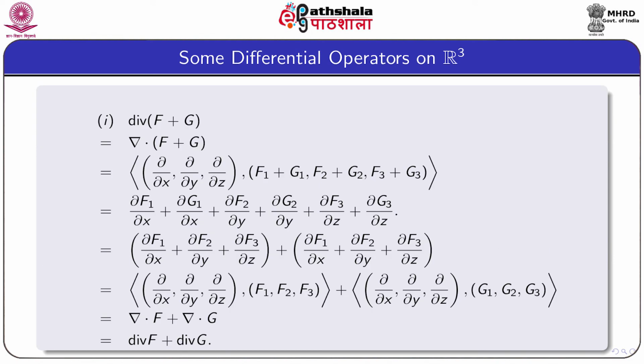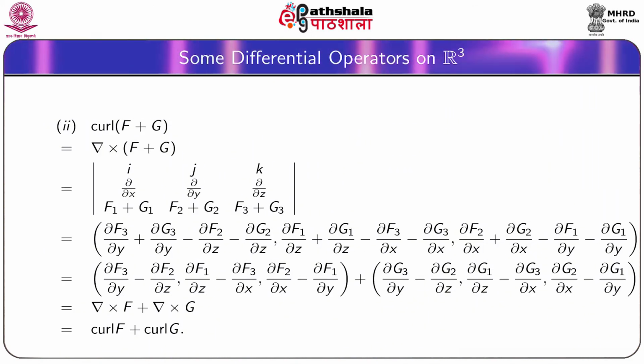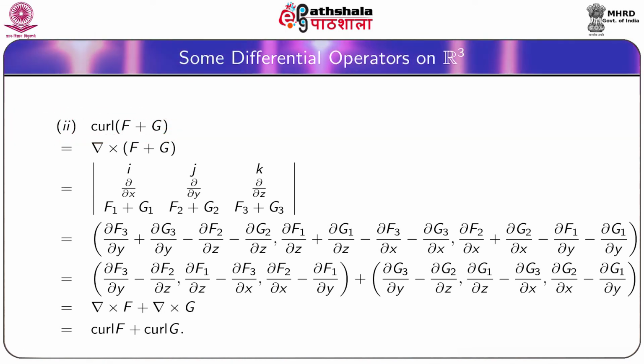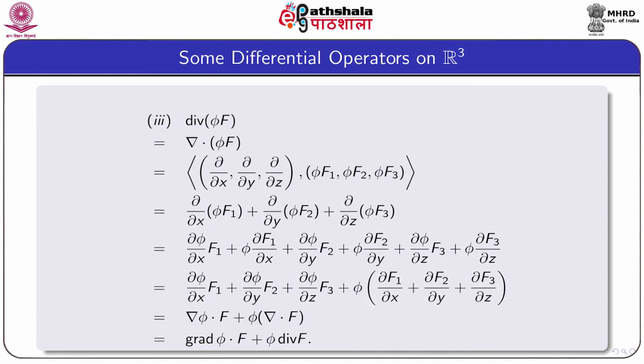The first result we have shown in the calculations: divergence of f plus g equals divergence f plus divergence g. That is, divergence is additive. Second result, we have shown here the calculations: curl of f plus g equals curl f plus curl g. Third result, divergence of phi f equals grad phi dot product with f plus phi divergence f.